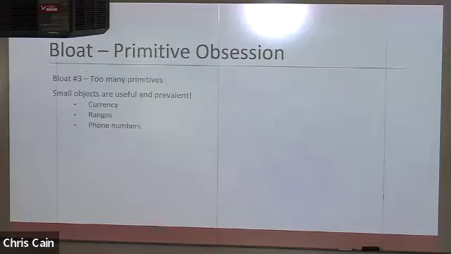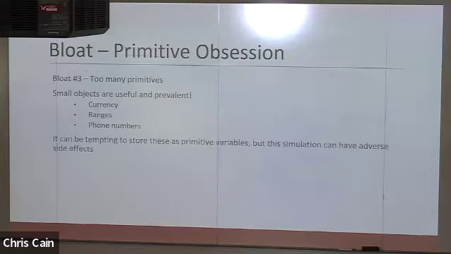You could store the phone number as an int, but since phone numbers get printed in a certain way, maybe it has parentheses around the area code, maybe it has a dash or doesn't, you can define different ways to print the same phone number, and you just store it as an object that has that primitive inside of it. So rather than just using a primitive, it might be worth making a class and then using that class wherever you want to use that primitive.